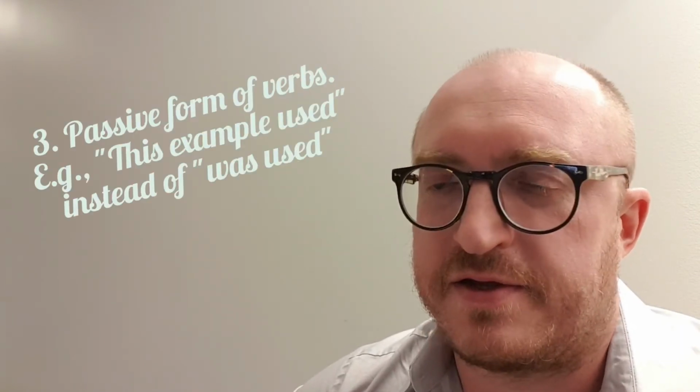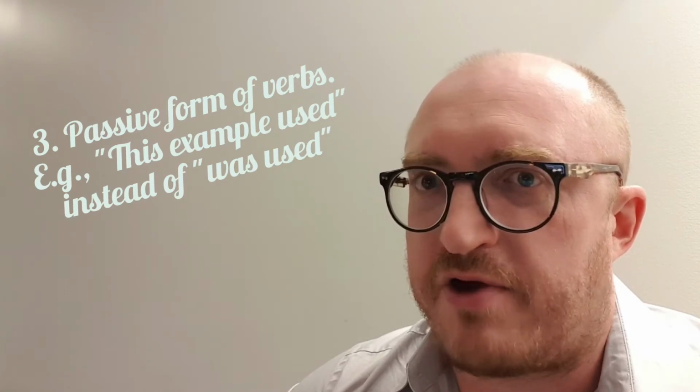Then the third group of mistakes was a wrong usage of the passive form of verbs in sentences. So again, maybe the writer is not a native speaker, but if some tricks were used and there was enough time before submission, these things can be fixed.